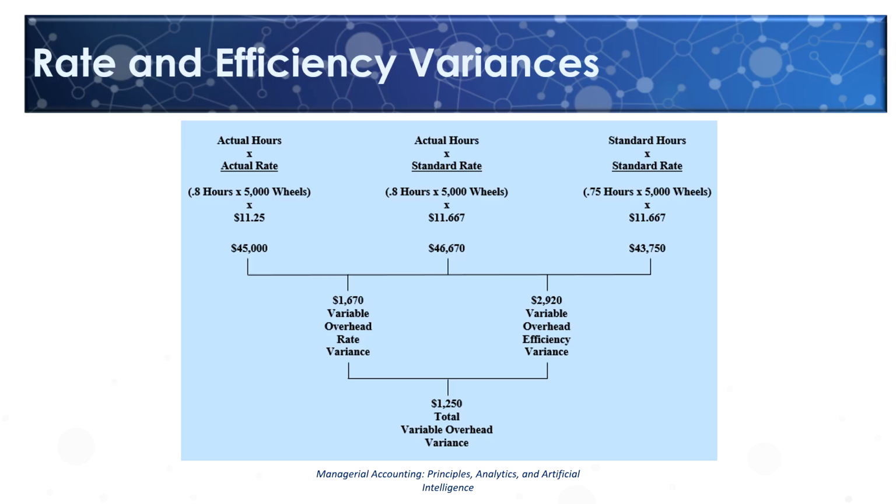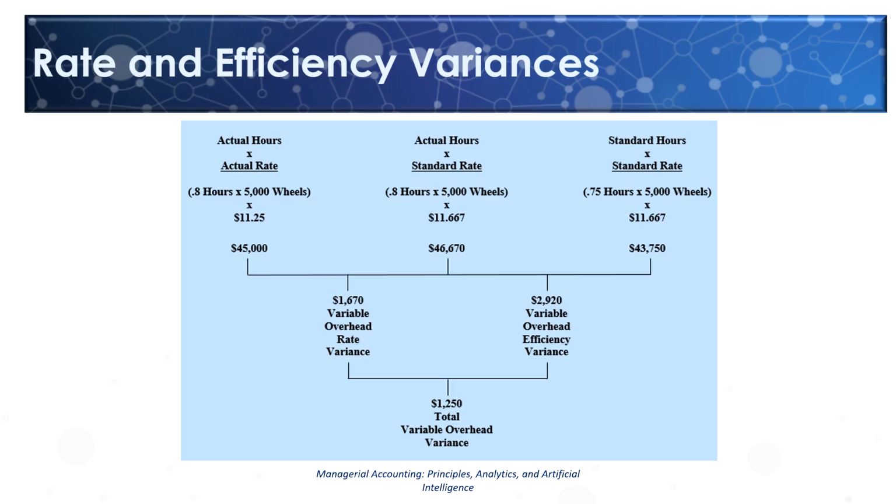Now compare columns 2 and 3. In 2 and 3, we isolate the rate, holding it constant at $11.667. We then let the hours vary. In this case, the hours per unit of 0.8 hours versus 0.75, and we multiply that times the number of wheels produced, 5,000. We can see that the total difference between these two columns is $2,920.